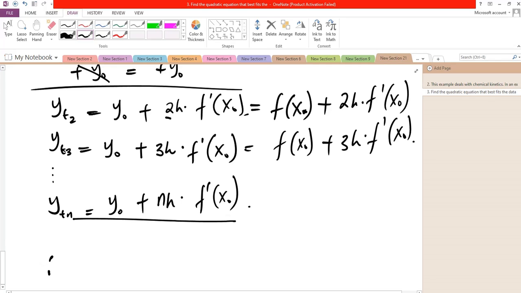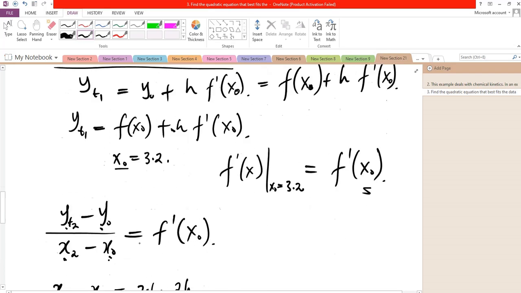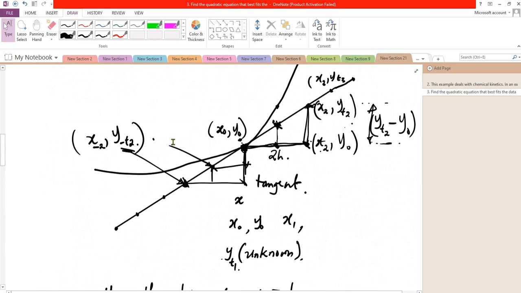Let's say the slope is equal to, now this is a backward flow.